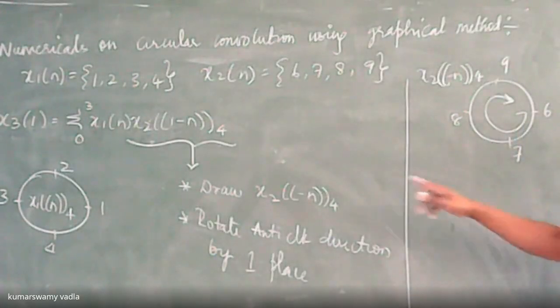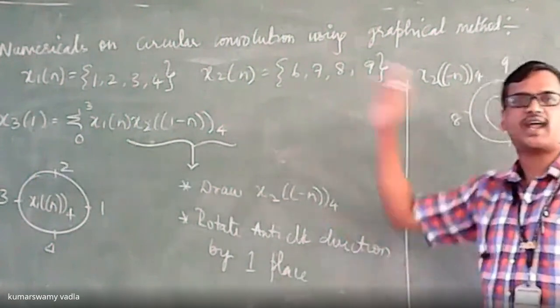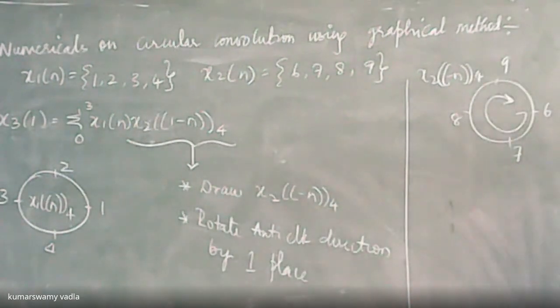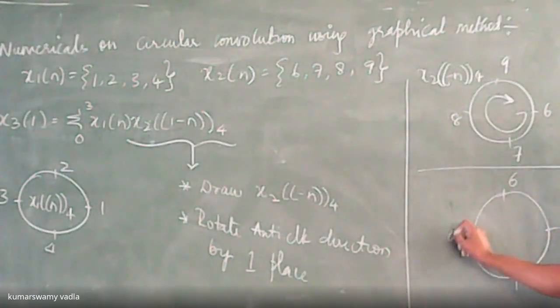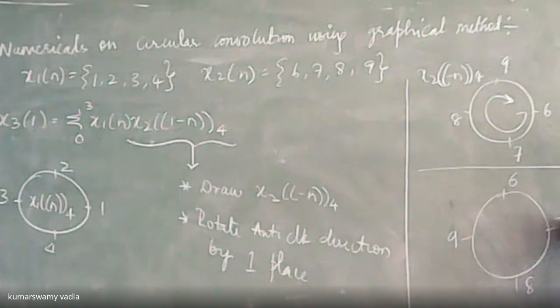To get 1 minus n, rotate anti-clockwise by one place. So what do we get here, friends? Anti-clockwise by one place, the 6 comes here: 6, 9, 8, 7. This is x2 of 1 minus n modulo 4. Are you convinced with this point of discussion, students?